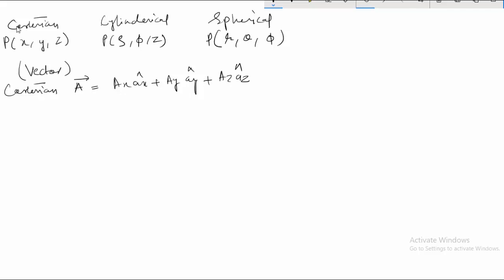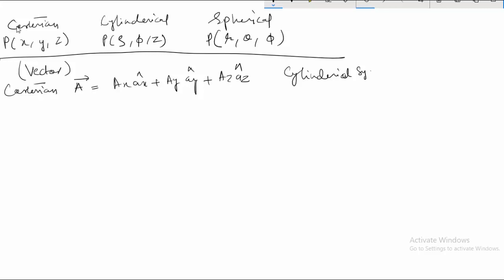Next is the cylindrical system, where you can write a vector as A equals A rho a rho plus A phi a phi plus Az az.